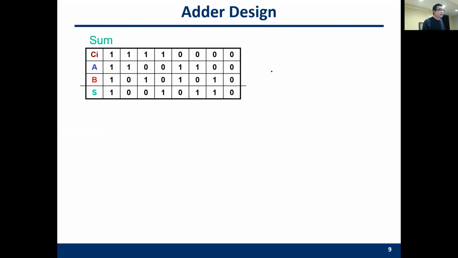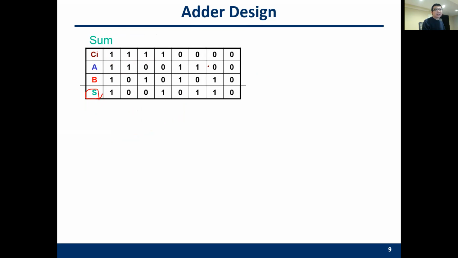And this is the so-called truth table. But I write this truth table horizontally. You can see this is the carry in. This is A, B. These are the inputs. And S is the sum, which is the output. And I list all the possibilities of these inputs here.